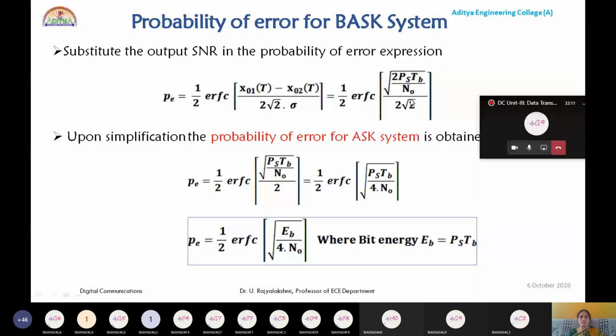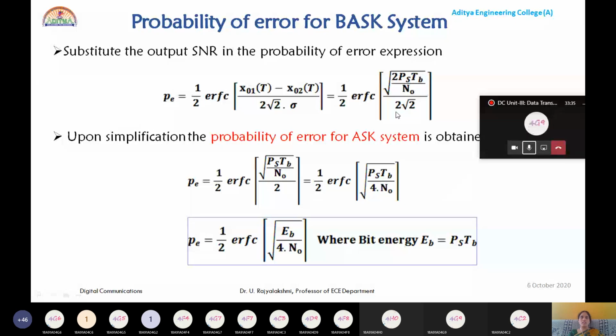Please write down this expression: ERFC of root 2 in the numerator and 2 root 2 in the denominator.